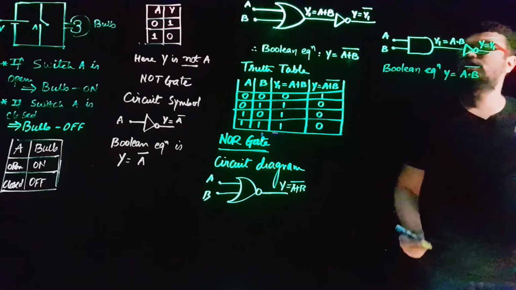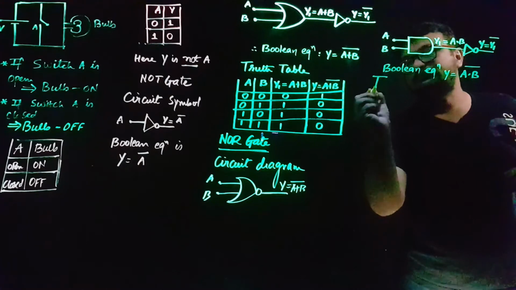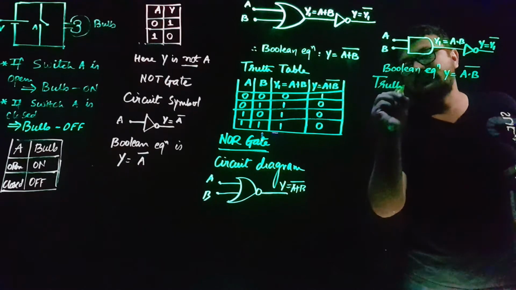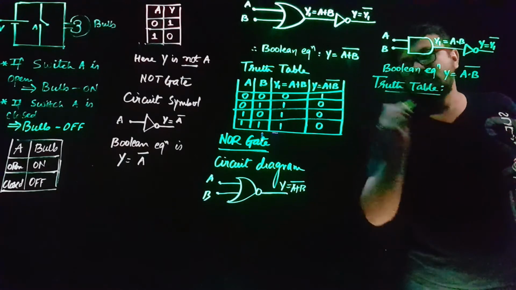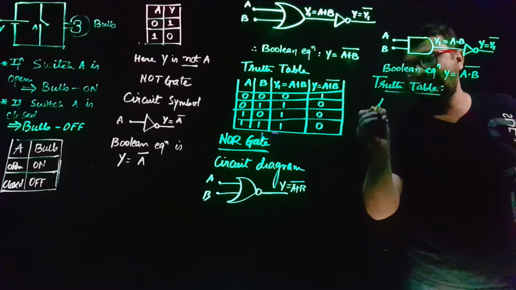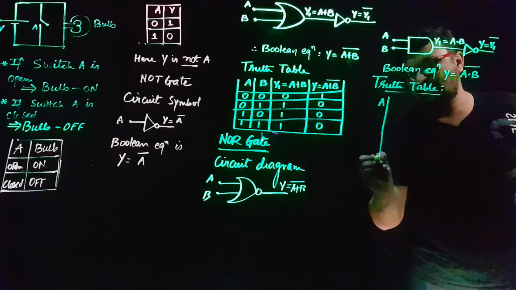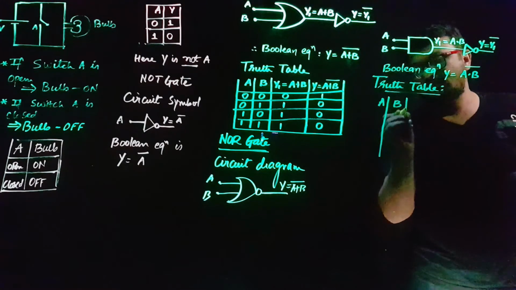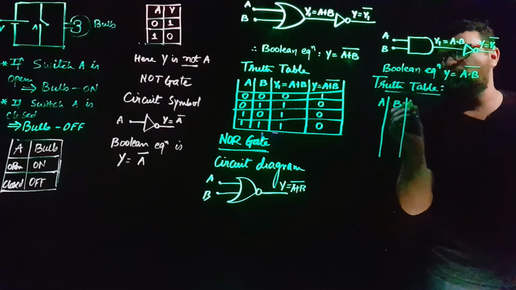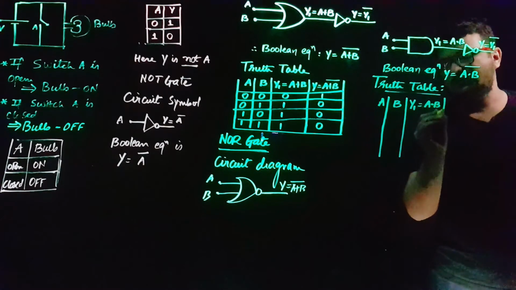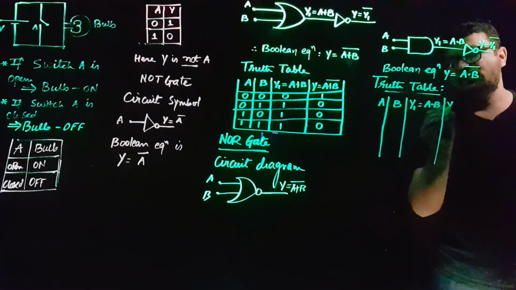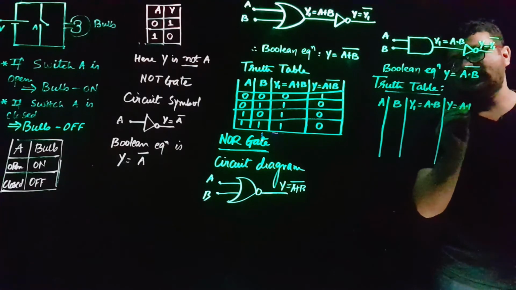Right. Now if you draw a truth table for this, we have 2 inputs A and B. Then we have Y1, which is equal to A and B, and finally Y is equal to A and B whole bar.